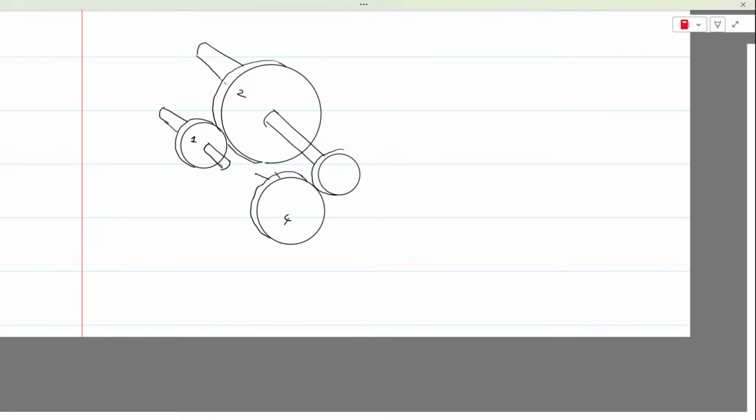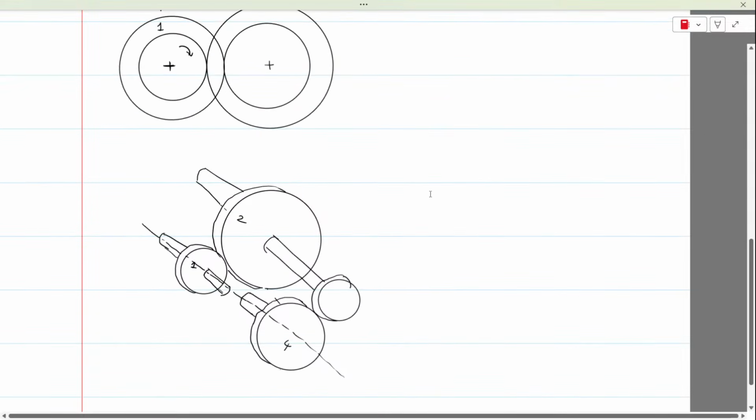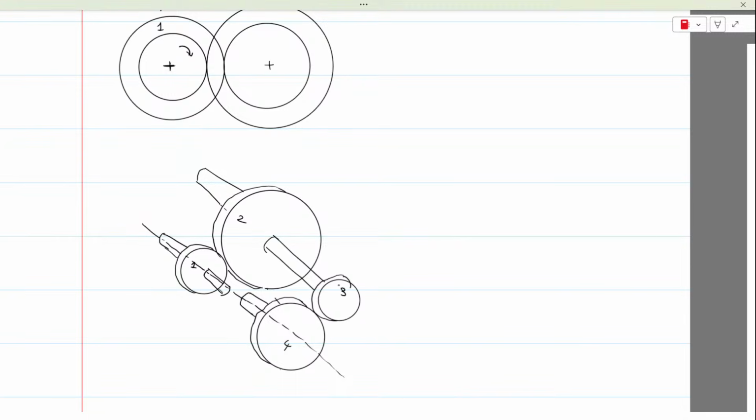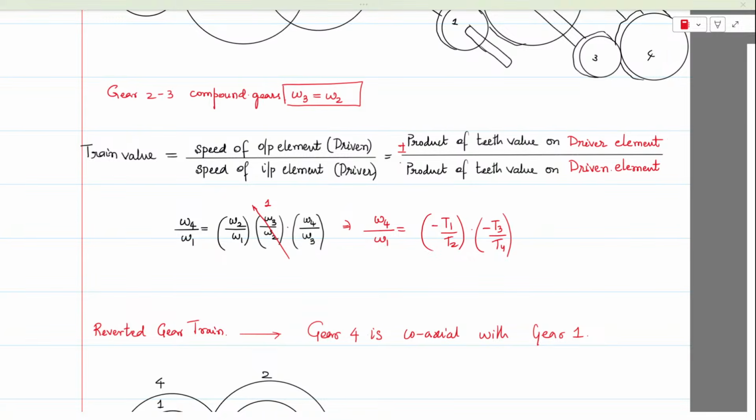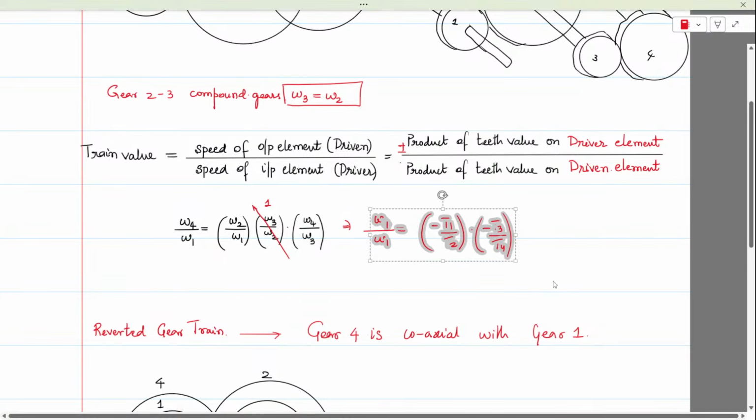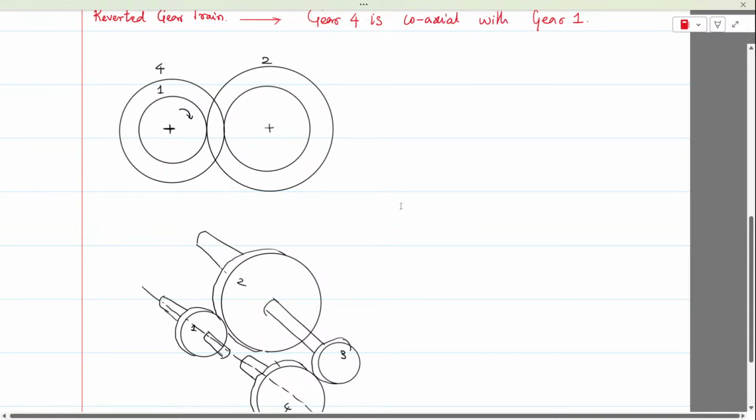So this is the shaft of gear 4. The shaft will be along the same axis. But 2 and 3 are compounded. If you ask me what about the result, the analysis is same. It is just that you are shifting the position of number 4.